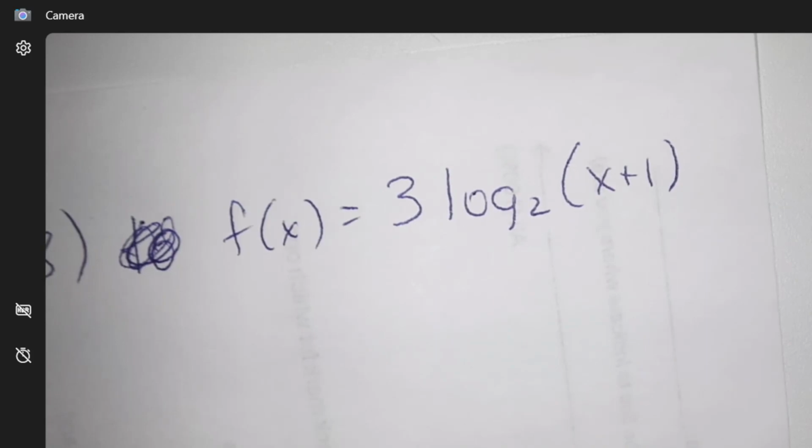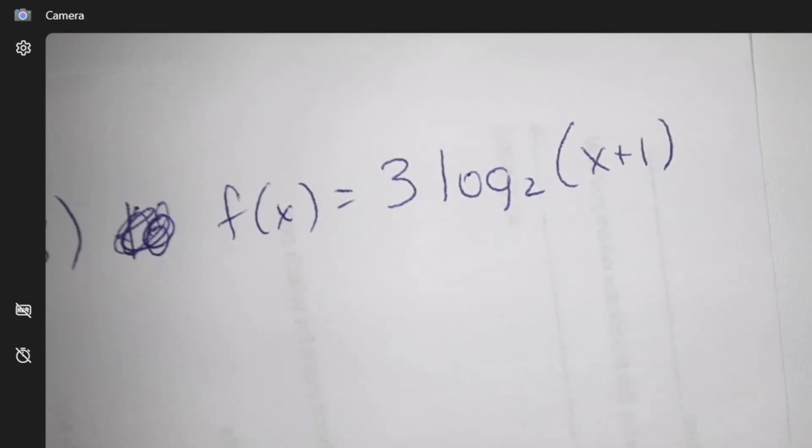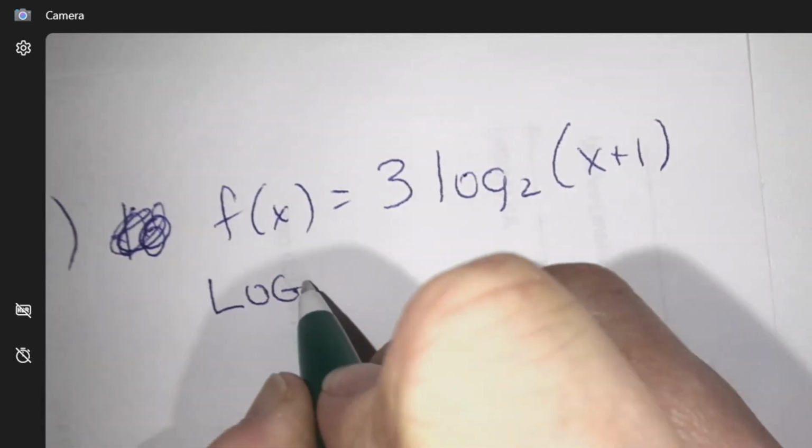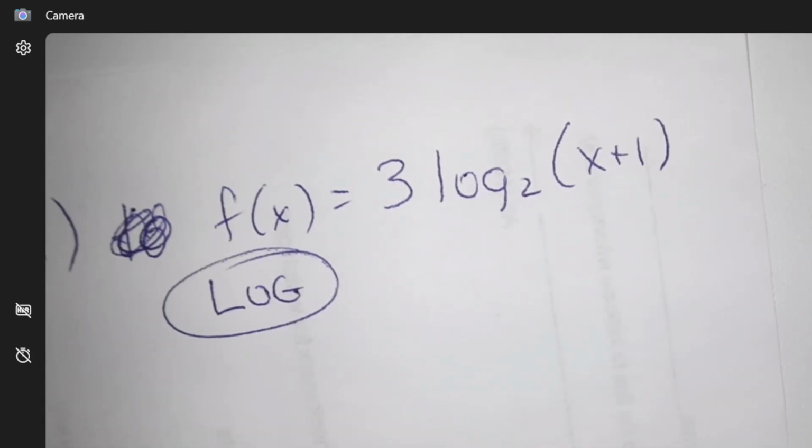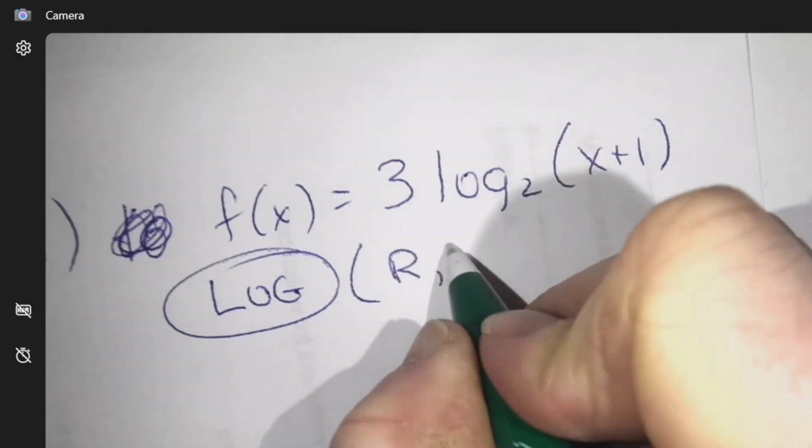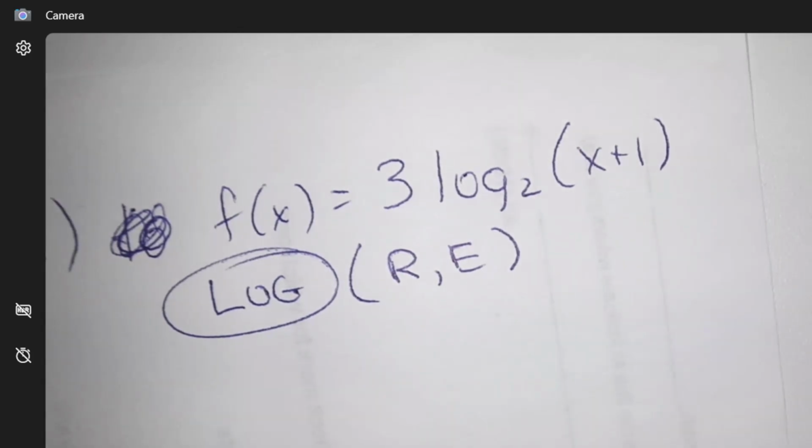Okay, that matches number 8. Okay, so this is a log. So what am I going to be doing? I'm going to be writing my coordinates as the result, comma, the exponent.